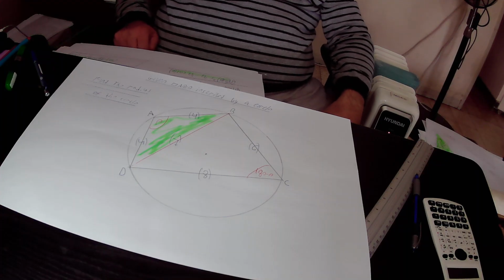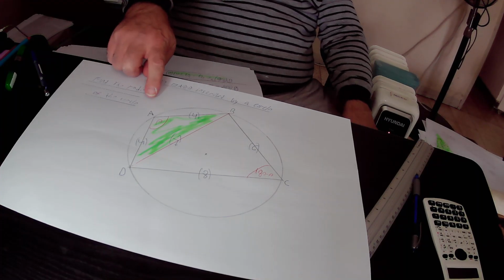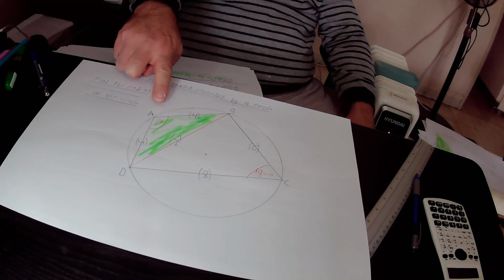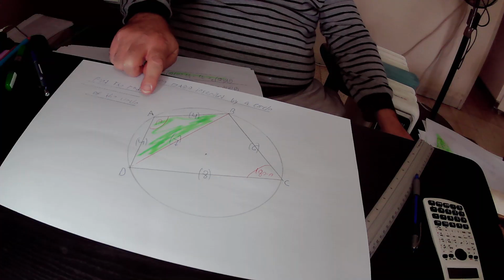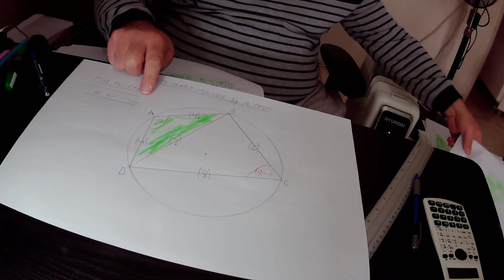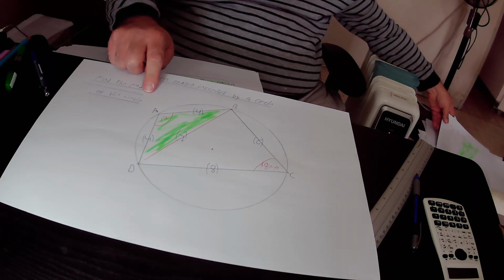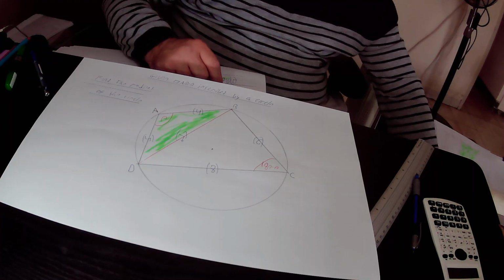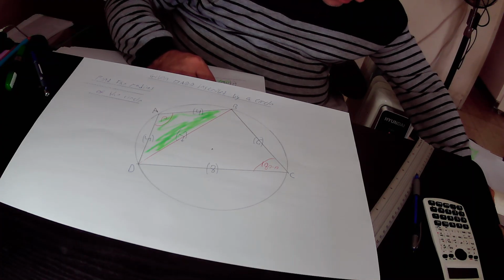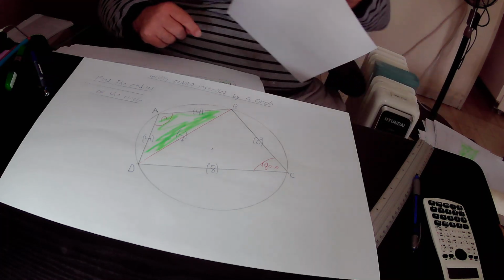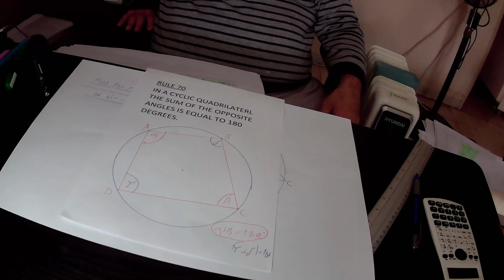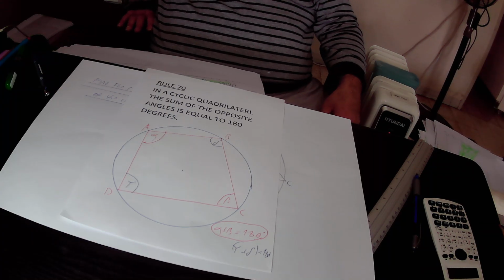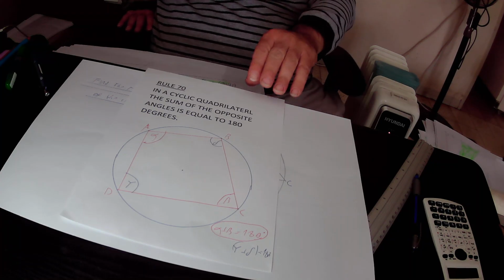So first of all, define the size of this angle BAD as theta. So here we can implement rule 70. According to rule 70, in a cyclic quadrilateral, the sum of the opposite angles is equal to 180 degrees.